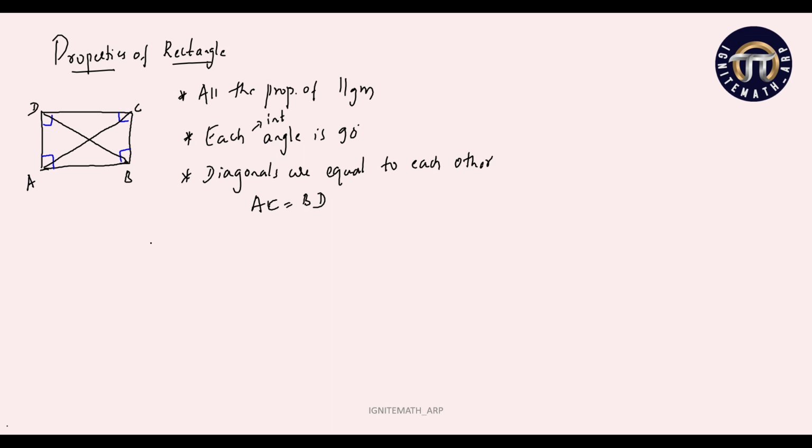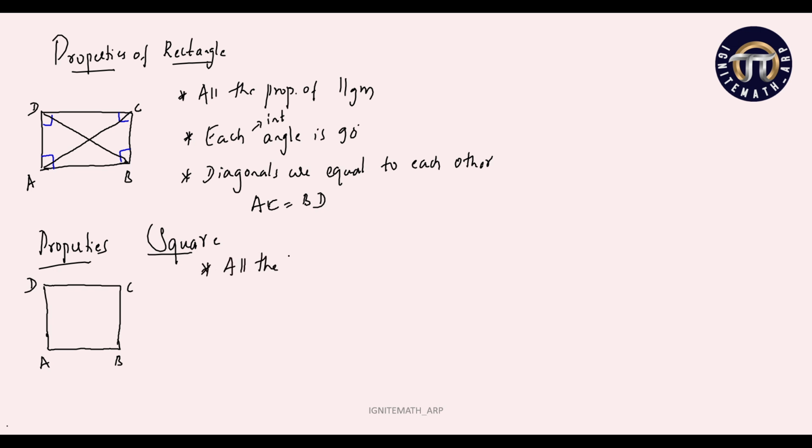Now we have the properties of a square. Now let us see what the properties of a square are. Clear, children? Listen to me very carefully. Square has the maximum properties. As I told you, square is a type of parallelogram. I can say all the properties of parallelogram hold good in the case of square also.